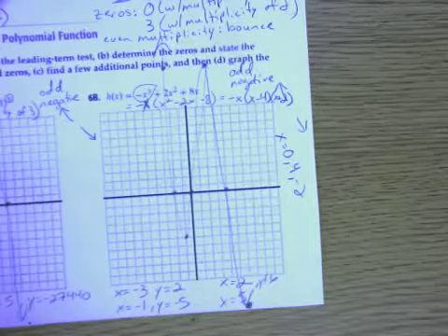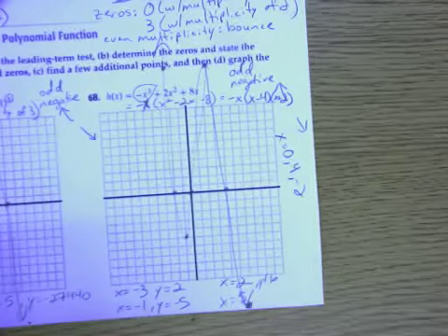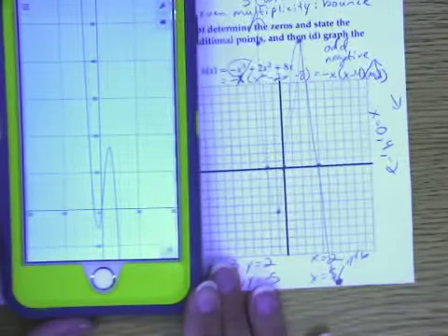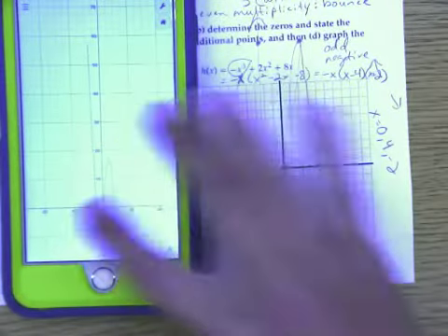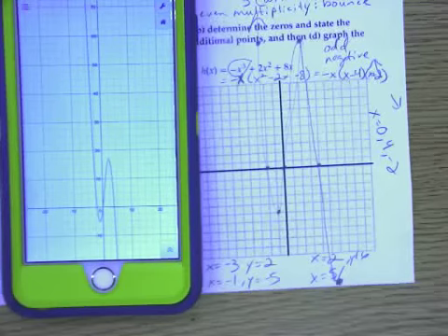Negative x to the third plus 2x squared plus 8x. And here's our graph next to our graph, and we see that again it's kind of extreme, but we have the basic shape of the graph just about right.